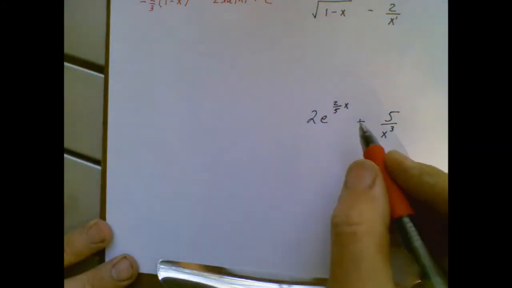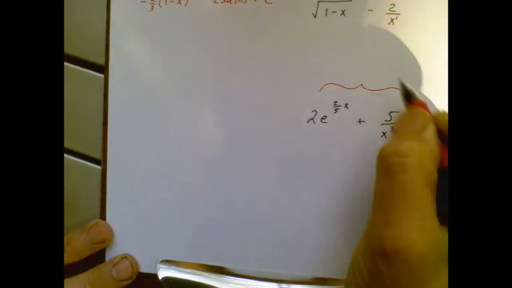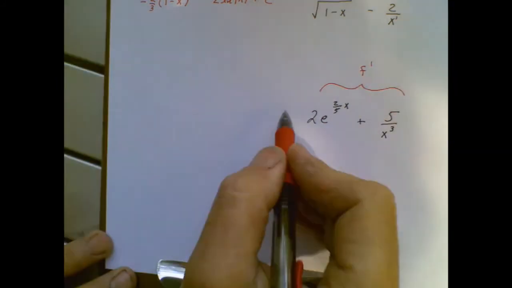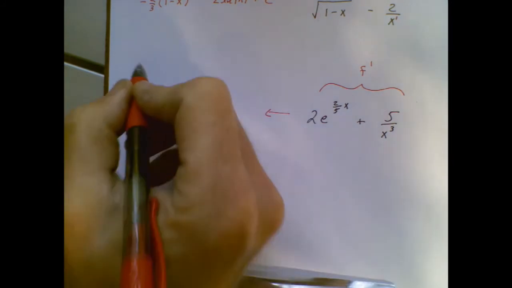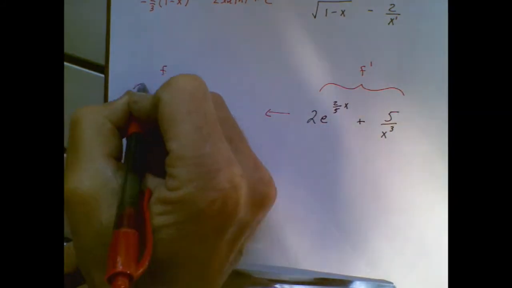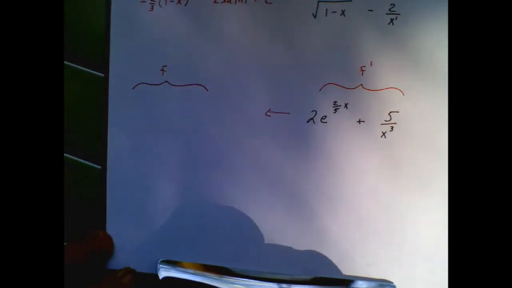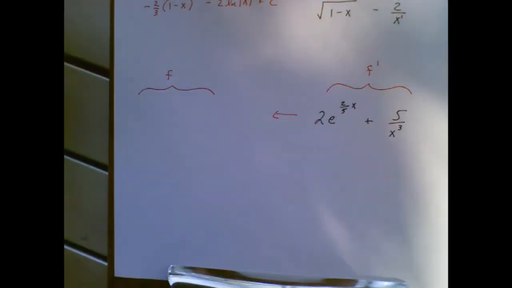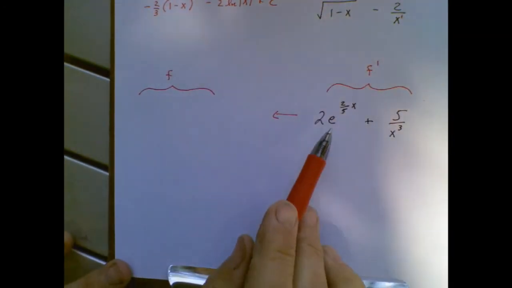So I have an f prime, and I want to swim back upstream to get my function f. And you probably notice, because you're on the lookout for this, that we've got a reverse ninja situation brewing.